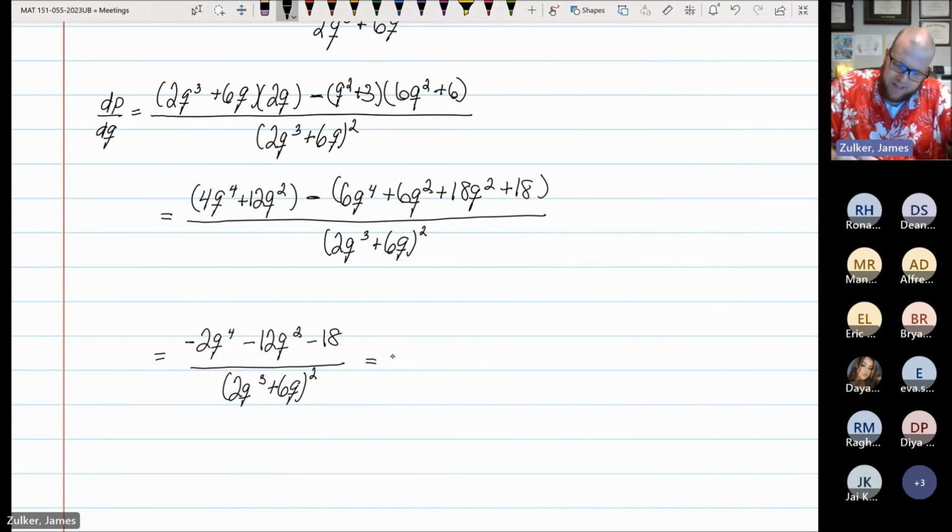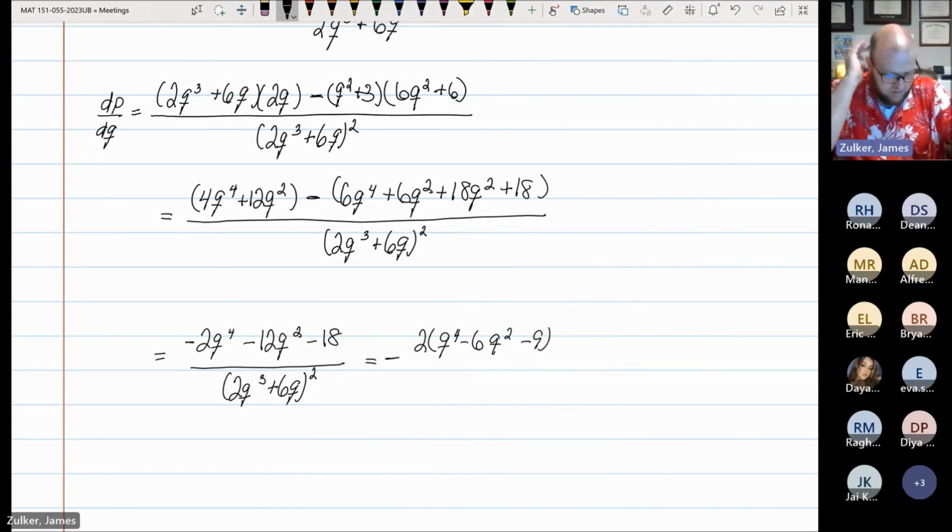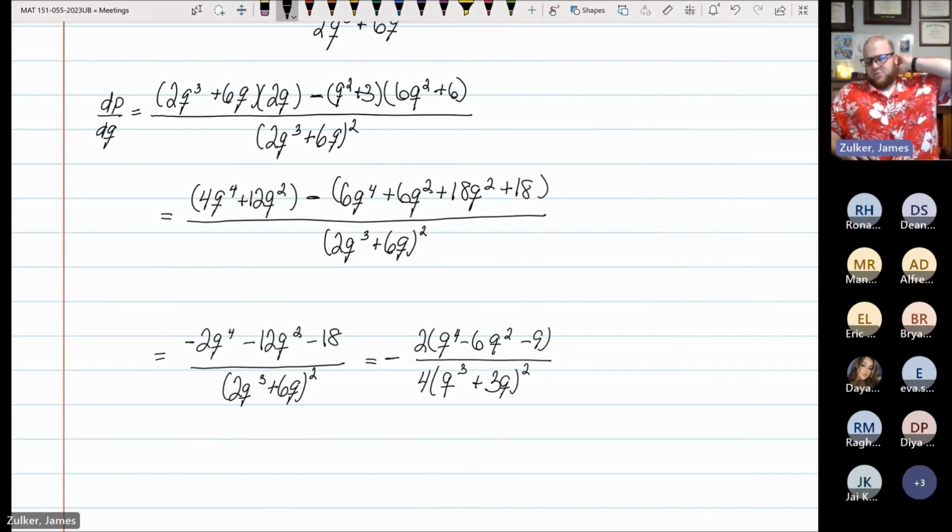Right, so we can factor a negative out. We can also factor out a 2. You can factor out a 2 squared from the denominator, right?